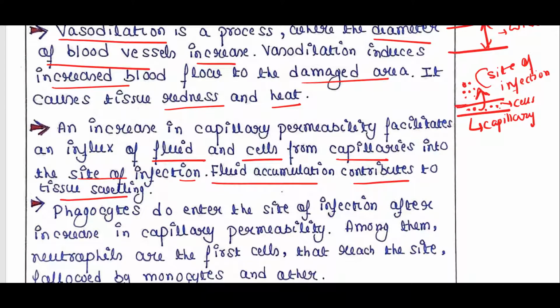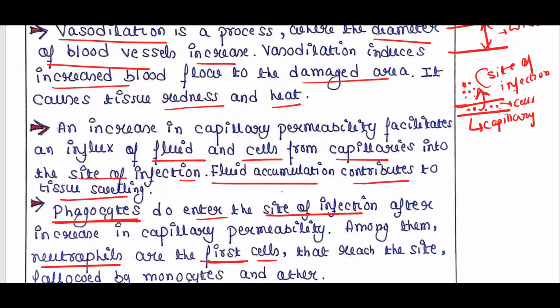I already told that the cells are now permitted to reach the site of infection. Among those, mainly phagocytes or phagocytic cells are the main cells that will enter the site of infection due to the capillary permeability. And among those phagocytes, neutrophils are the first cell.